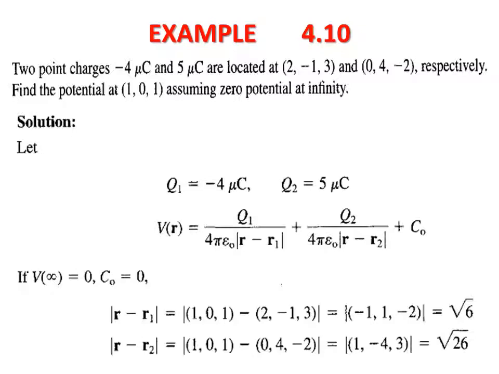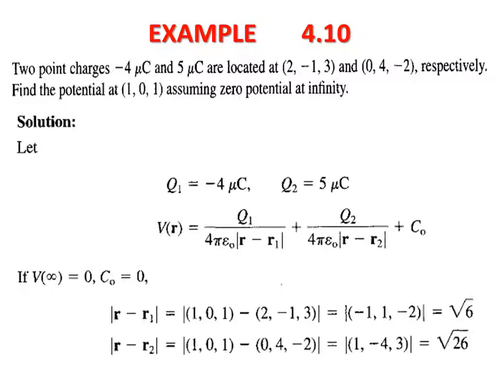So we know that Q1 is minus 4 microcoulombs and Q2 is 5 microcoulombs, and we have to find the potential, and we can use the superposition principle. We can say V(r) is equal to Q1 over 4 pi epsilon naught |r minus r1| plus Q2 over 4 pi epsilon naught |r minus r2|.